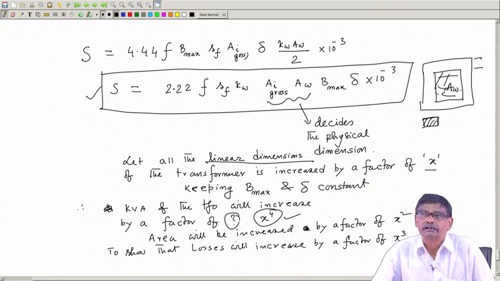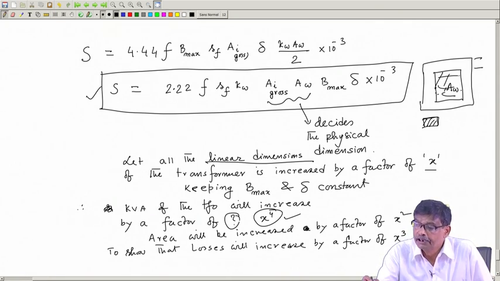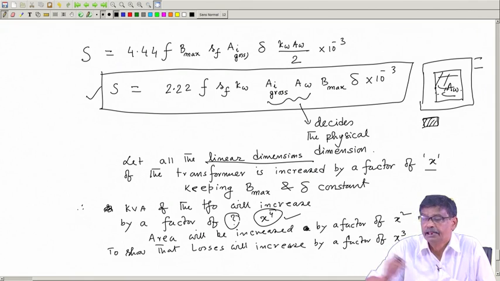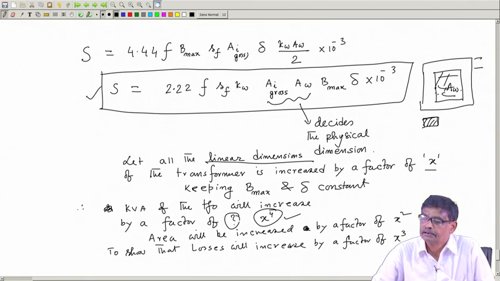is about 30-35% like that, because all the space in the window cannot be covered with copper, because there must be space for circulation of conducting oil, which will take away heat from the windings.